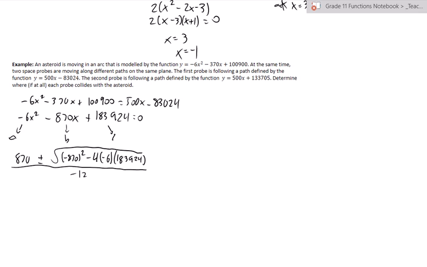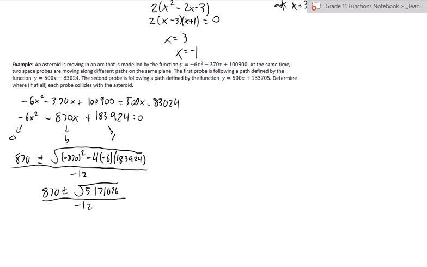And then we have to go through the process of solving this. So some large calculations. When you simplify all this, you're going to get 870 plus or minus the root of 5,171,076, all over negative 12.